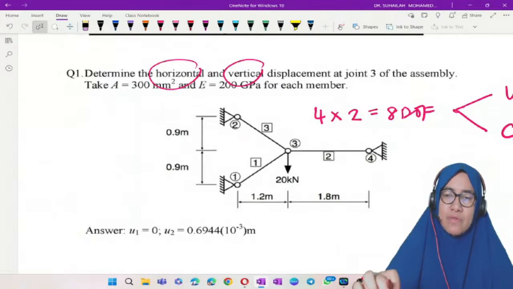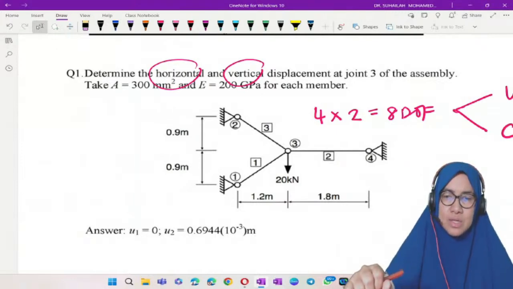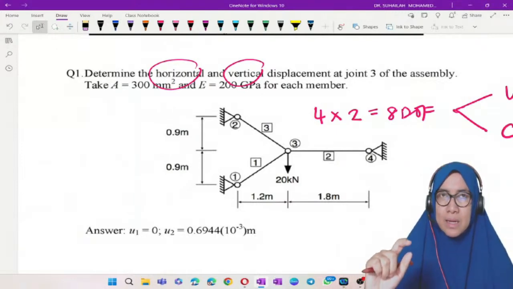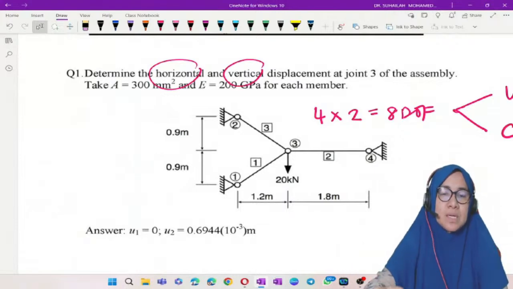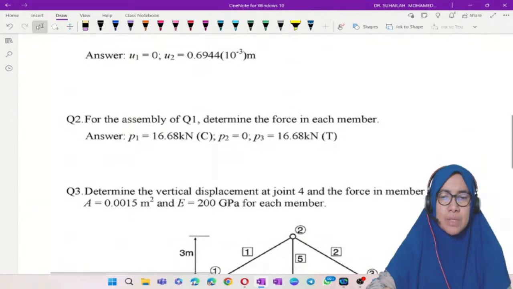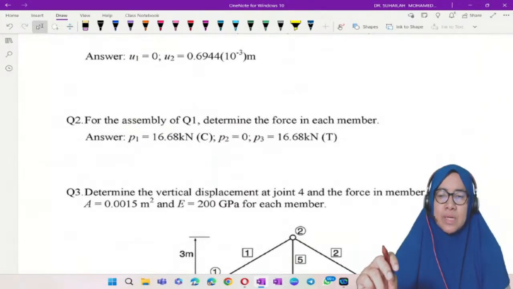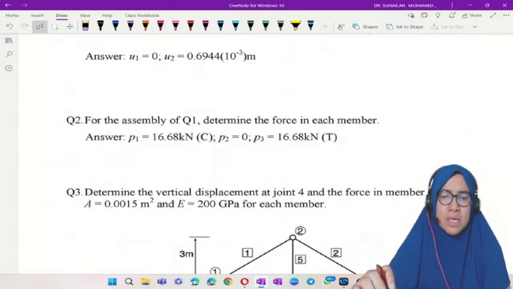Because it refers to the unconstrained system and there are two unknown displacements, one in the x direction, one in the y direction. Question number two, determine the force in each member.